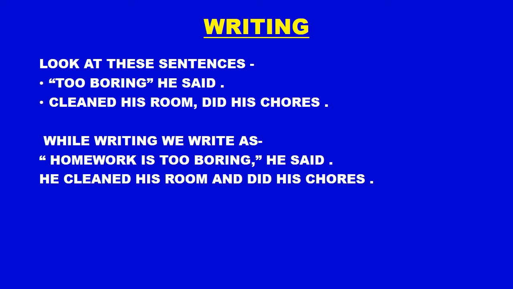Know that while speaking, we can omit or truncate certain words, but when we have to write, we have to write it very carefully so that it is easily understood by the reader, right? So now I have an activity for you.